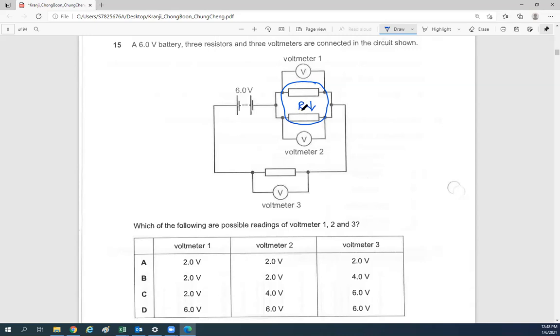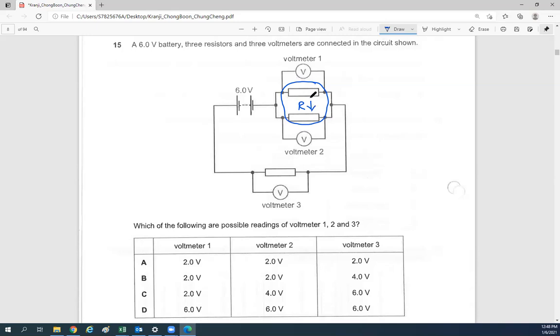You can give yourself any number. If this is 5, 5, the effective resistance is always going to be lower than 5. If this is 10, 10, the effective resistance is always going to be lower. So this is one property that resistors in parallel have: the total resistance is always going to be smaller than the individual one.